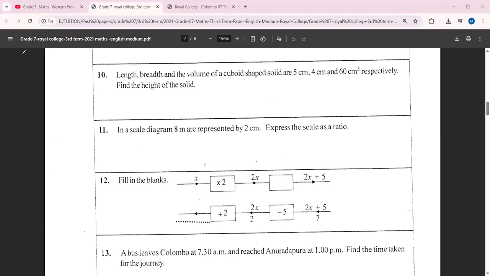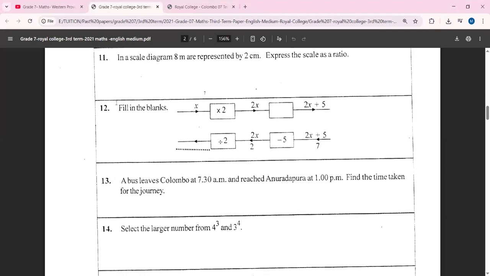Then we will see another thing, fill in the blanks. This is something like solving equations. So x multiplied by 2 becomes 2x, and then added 5 becomes 2x plus 5. Then you have to do the exact opposite. The answer is 7, so the equation is 2x plus 5 equals 7.